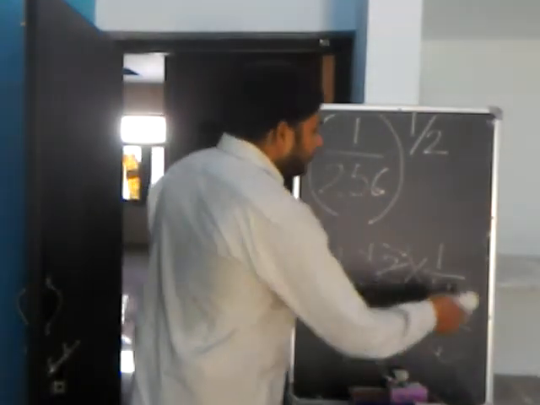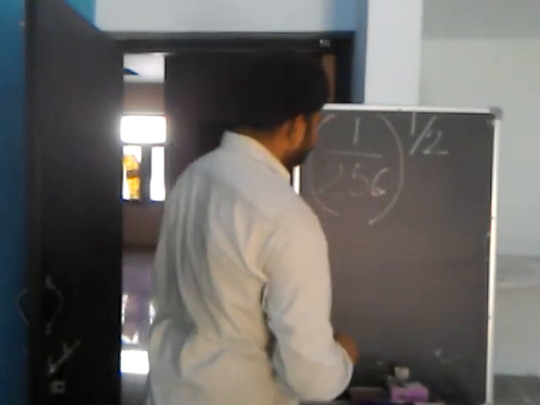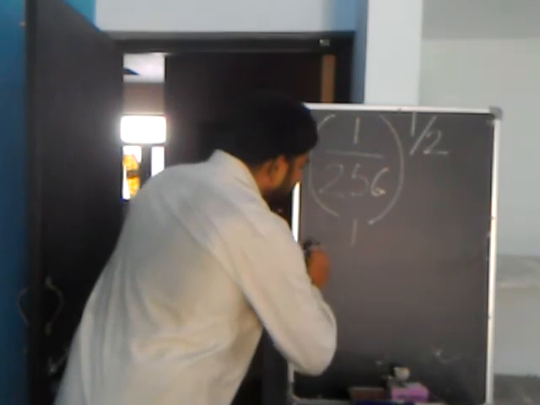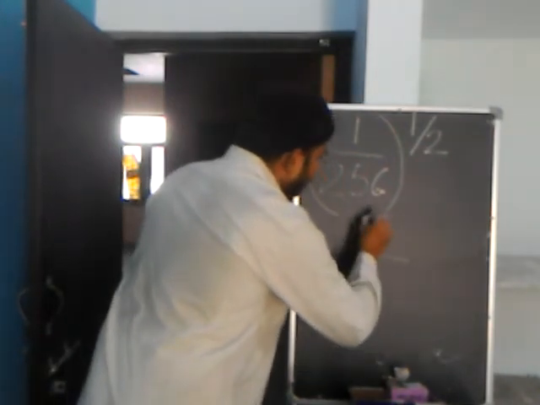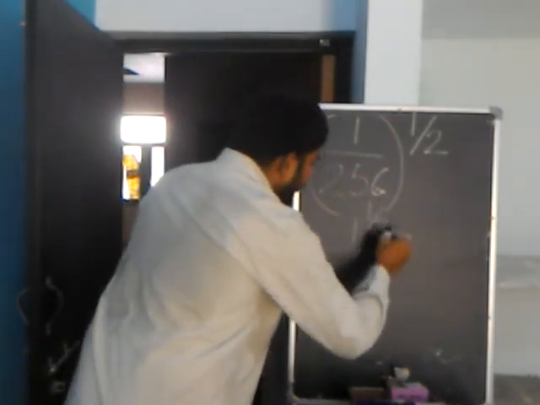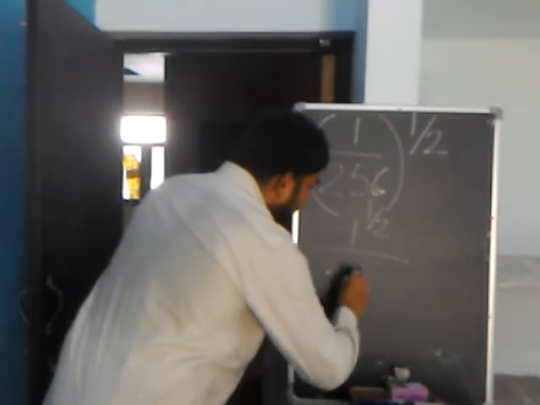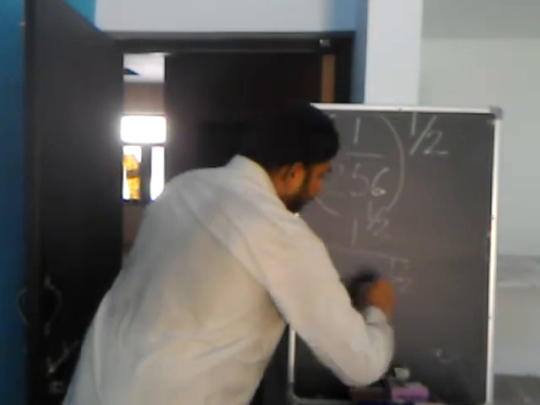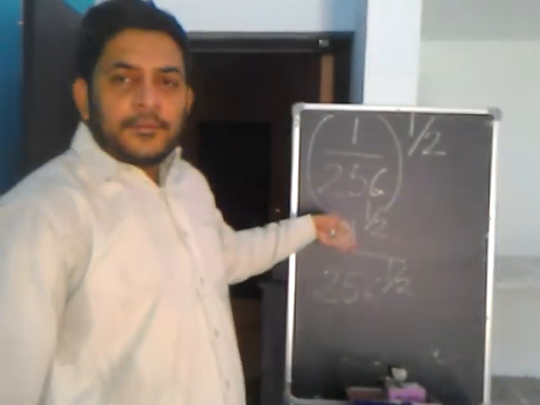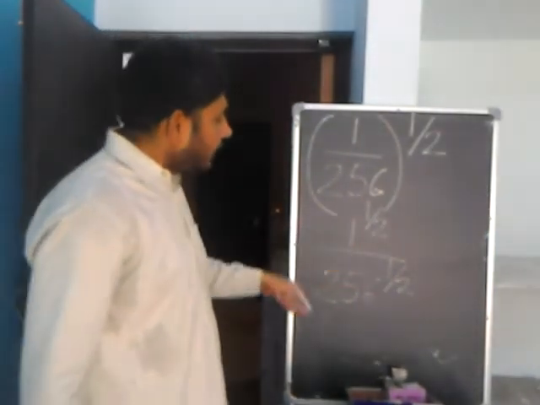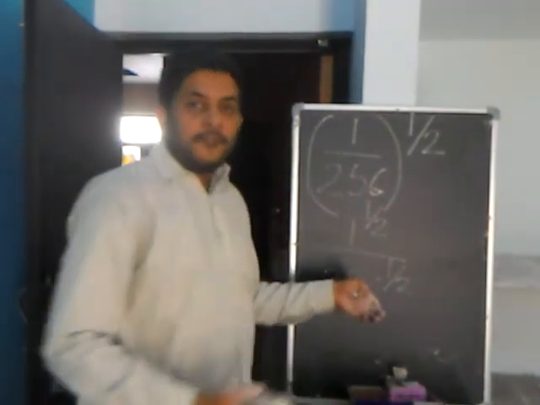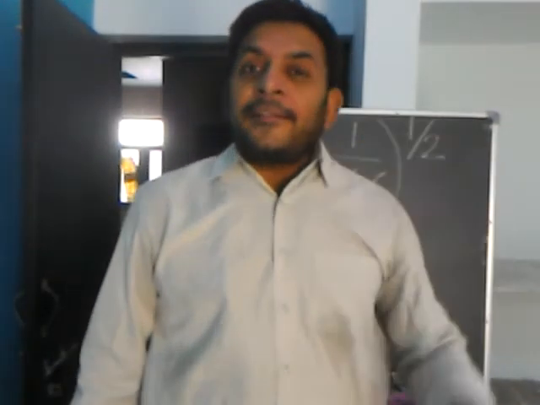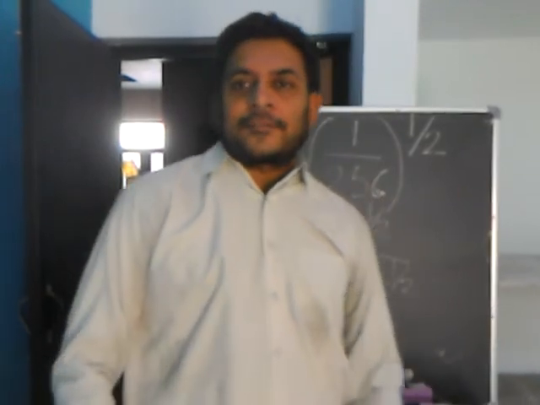But before that, we shall open this bracket again. 1 raised to the power 1 by 2 and 256 raised to the power 1 by 2. Now this is not a problem. We have to solve this 256, and power 1 by 2 means we have to find the square root of 256.